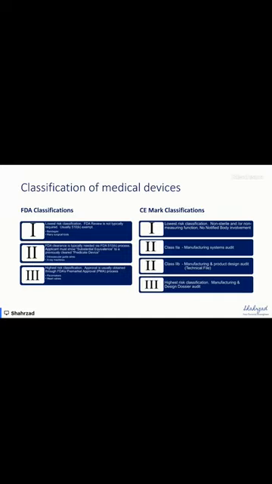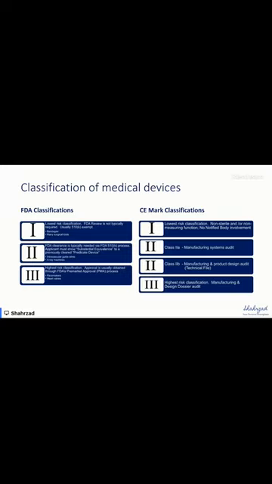And CE mark, which is more used in the EU, European Union, includes classification 1, 2A, 2B, and 3. Now the difference is, in the US, they have lowest risk classification, and then number 2 would be medium risk, and number 3 is highest risk.